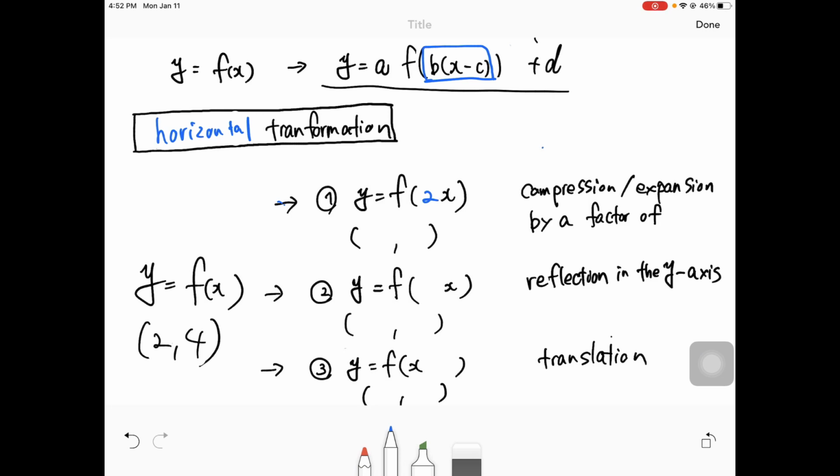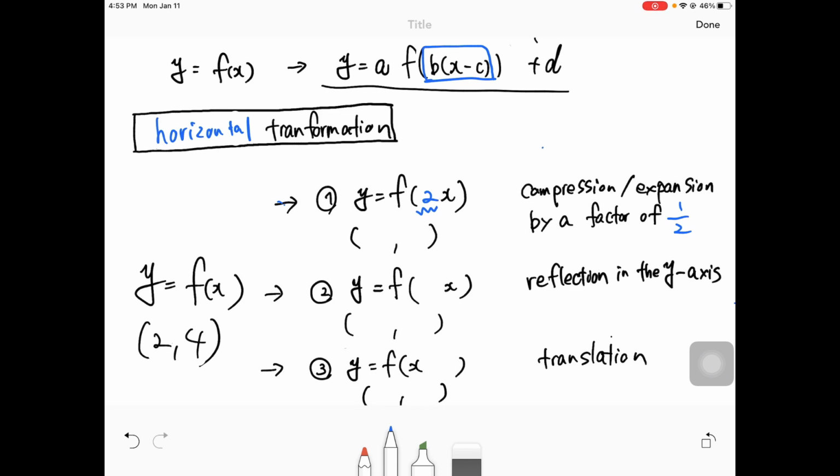If some value multiplies x, this means horizontal compression or expansion. It depends on the value here. And by a factor of 1 over 2. So if the value is bigger than 1, it's going to be compression.